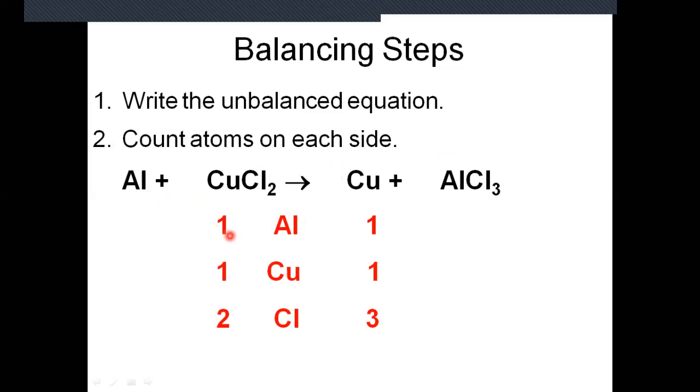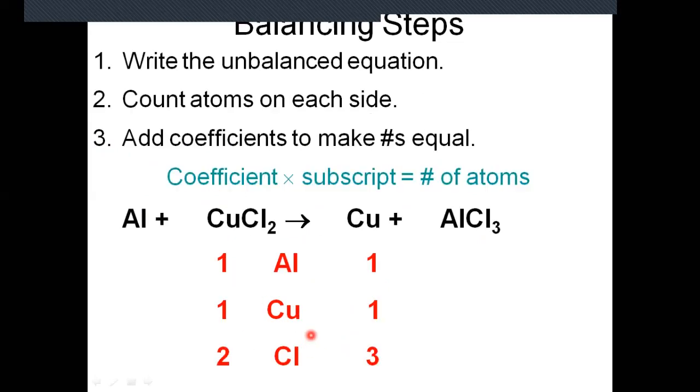There is 1 aluminium atom on the reactant side, 1 aluminium atom on the product side. 1 copper atom on the reactant side, 1 copper atom on the product side. Balanced. The third element is chlorine. There are 2 chlorine atoms on the reactant side while 3 chlorine atoms on the product side. So we need to balance chlorine atoms on both sides of the equation.